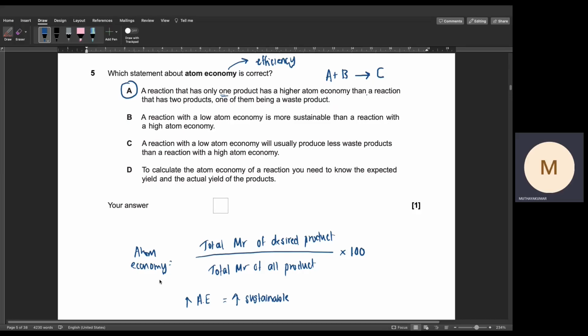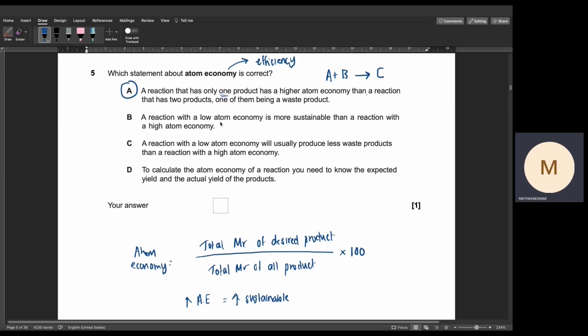So if we look at the atom economy for this reaction, total Mr of C divided by total Mr of C, multiplied by 100, will give us 100. So it's 100% atom economy when we have reactants being added together to form one product. That is the maximum atom economy you can have. So of course, A is true.